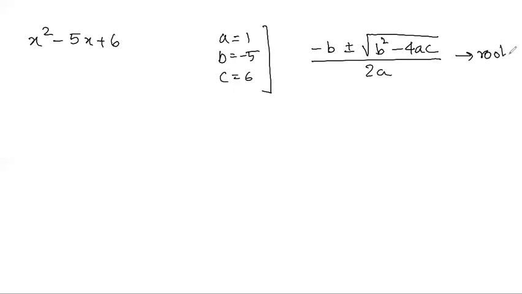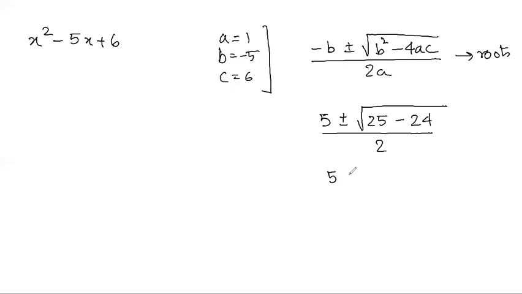What do I mean by that? If I plug in the values, b is -5, so negative of -5 is 5, plus or minus the square root of b squared, which is 25, minus 4 times 1 times 6, which is 24, divided by 2a. So that's 5 plus or minus the square root of 1, which is 1.